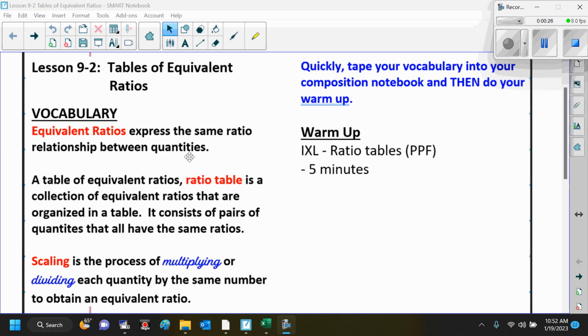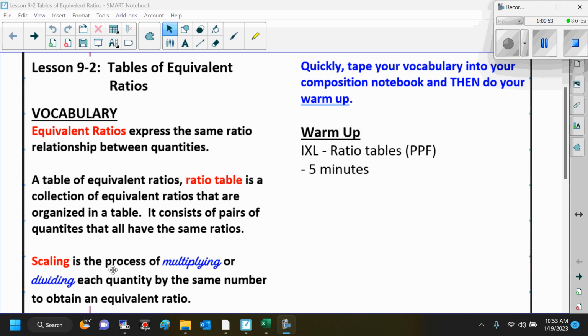Okay? And last class, we made equivalent ratios by scaling. Scaling forward or scaling backward. Yesterday we called it scaling up or scaling down, right? So, scaling is the process of multiplying or dividing each quantity by the same number to obtain an equivalent ratio, okay?